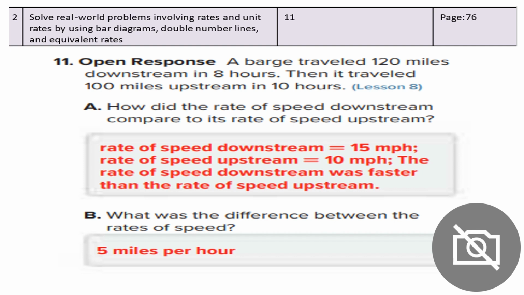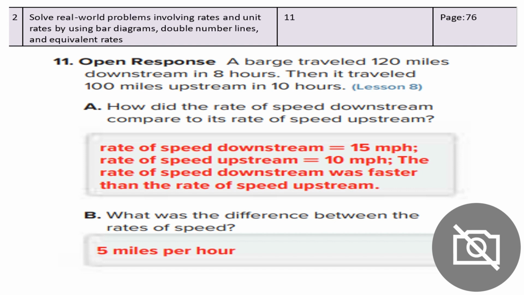So the question is, how did the rate of speed downstream compare to the rate of speed upstream? The rate of speed downstream is 15 miles per hour, that means we divide 120 by 8, you'll get 15, and upstream is 100 divided by 10, that is 10 miles per hour. So downstream 15, upstream 10.